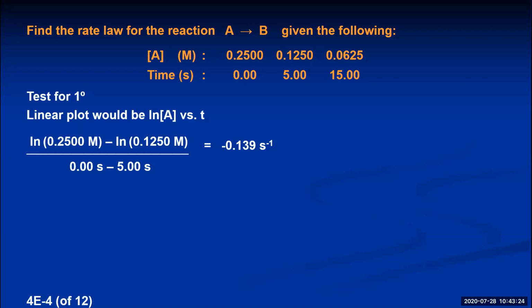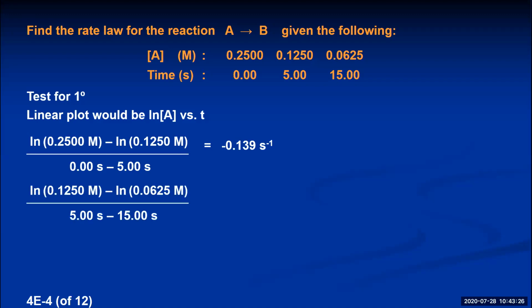Let's do the second and third points. So I'm going to take my difference in y's, which will be the natural log of 0.1250 minus the natural log of 0.0625, and divide it by the difference in x's, 5 minus 15. Again, the units will come out seconds to the minus 1, and this time the slope turns out to be negative 0.0693 seconds to the minus 1.